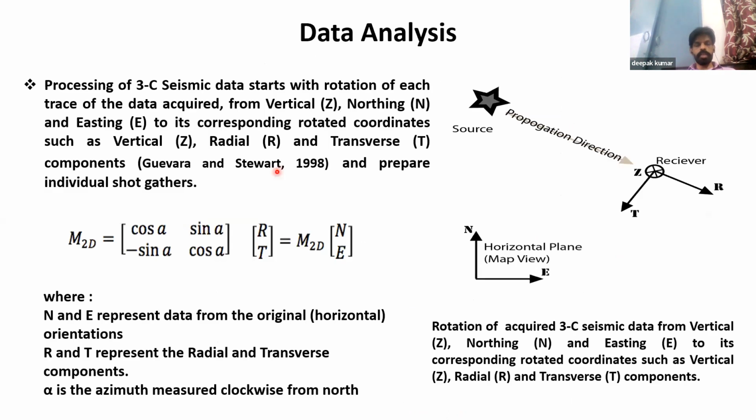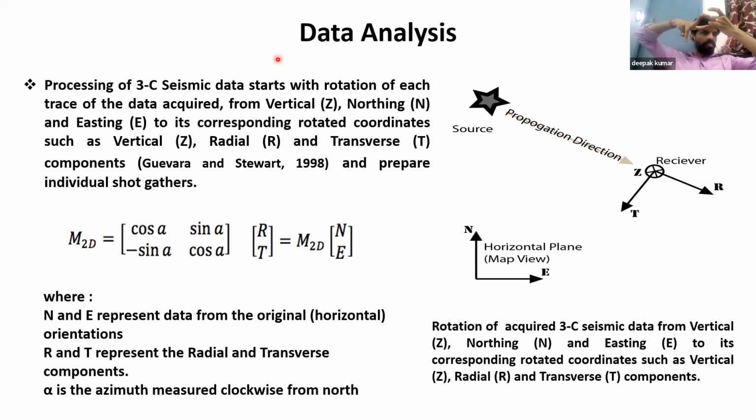Once the data was processed, what happens for three-component seismic data acquired in the field is that the data acquisition will always be with respect to the geographical coordinates. That means the vertical will remain vertical, but the horizontal components will be acquired in terms of north and east.